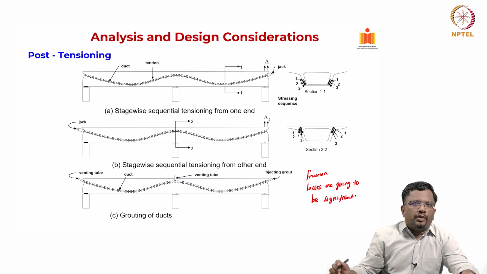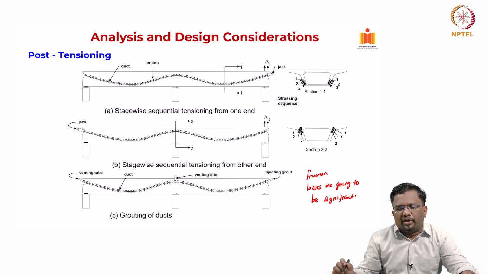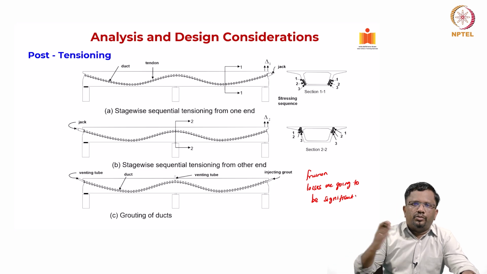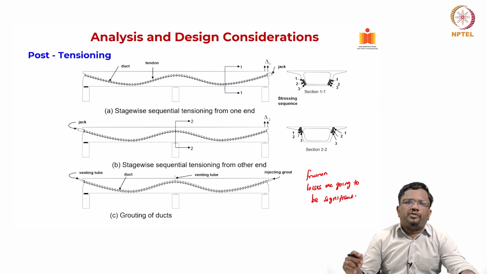Friction losses, we have talked about the wobble effect and the curvature effect due to which the friction losses will happen. This is particularly important for a continuous beam, because you run the cable across multiple spans and there is going to be a cumulative change in the curvature of the cable profile.